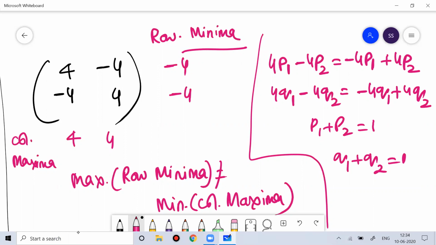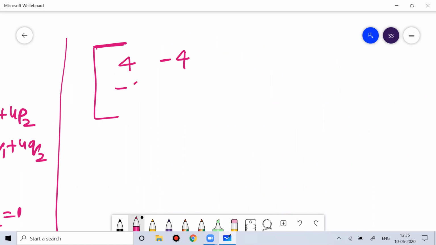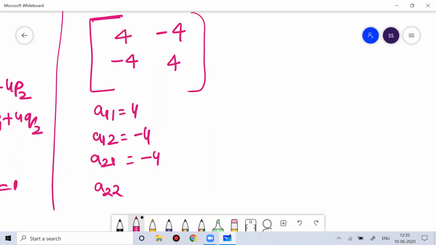The other way of solving the problem, I can write in the term of A1, A2 and all. So this problem is like 4, minus 4 and 4. Here your A11 is equal to 4, A12 is equal to minus 4, A21 is equal to minus 4, and A22 is equal to 4.